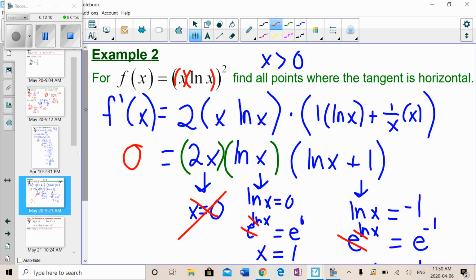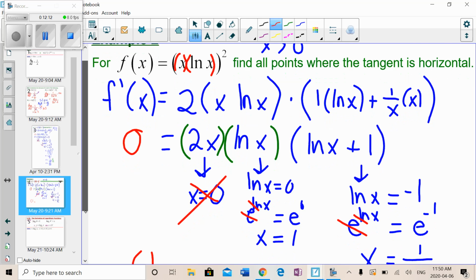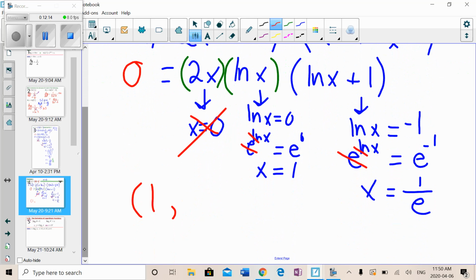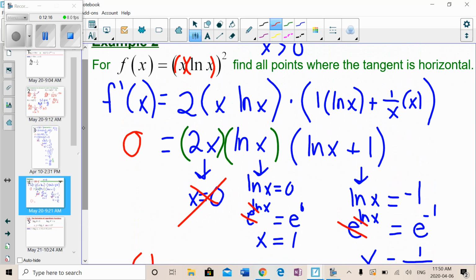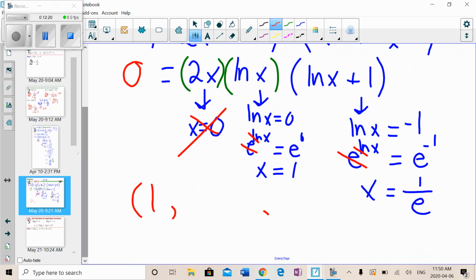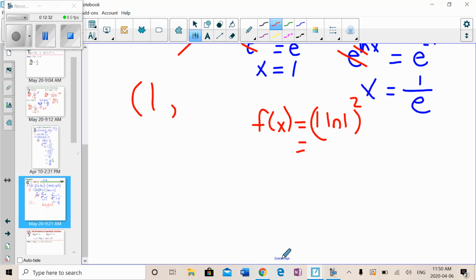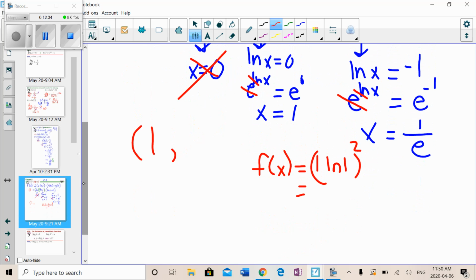Okay, so I'm just going to put a 1 in there. I'll maybe do it down here. So f at x equals 1 times ln 1 squared. Now, you could just do ln 1 on your calculator. This already came up either in this note or in one of the other notes from today.